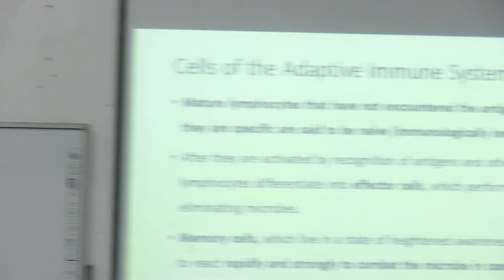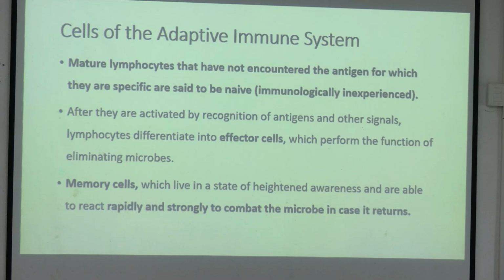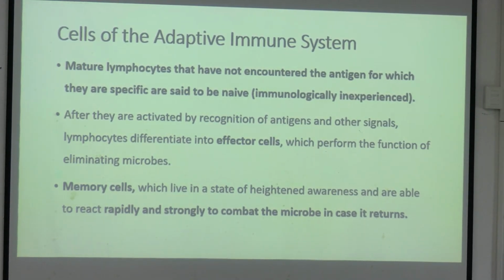After they are activated by recognition of antigen and other signals, lymphocytes differentiate into effector cells, which perform the function of eliminating microbes. Where are effector cells coming from? From T lymphocytes, which proliferate into effector cells.